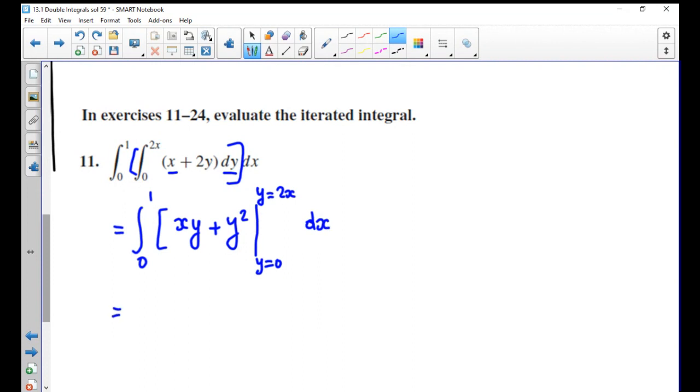So substitute now. That will give us the integral from 0 to 1 of 2x squared.